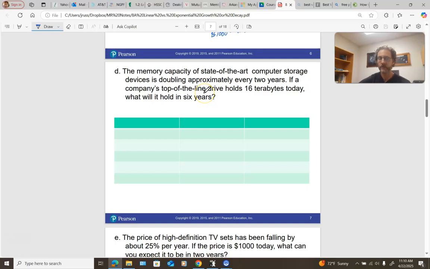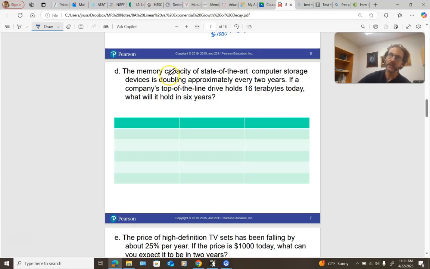Okay. First of all, let me say that 6 years would be 3 2-year periods. And then secondly, guys, what does it mean for something to double? If something is doubling, it's not increasing by a fixed amount every year. It's actually increasing by 100% of the current amount.